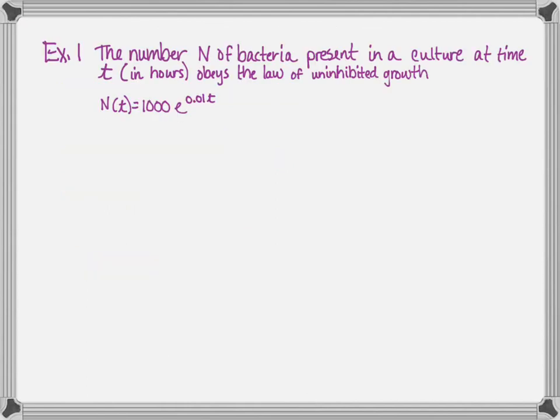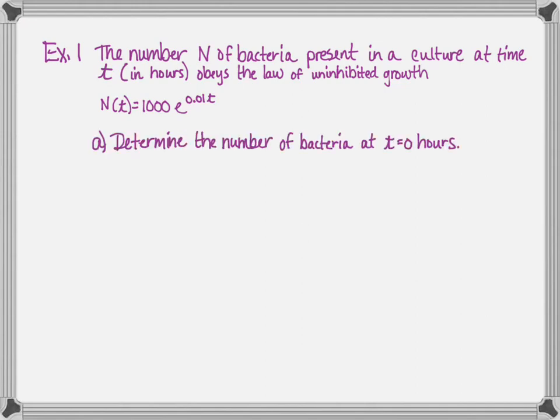So let's look at our first example. The number N of bacteria present in a culture at time t in hours obeys the law of uninhibited growth, where N(t) = 1000e^(0.01t). First, determine the number of bacteria at t = 0 hours.